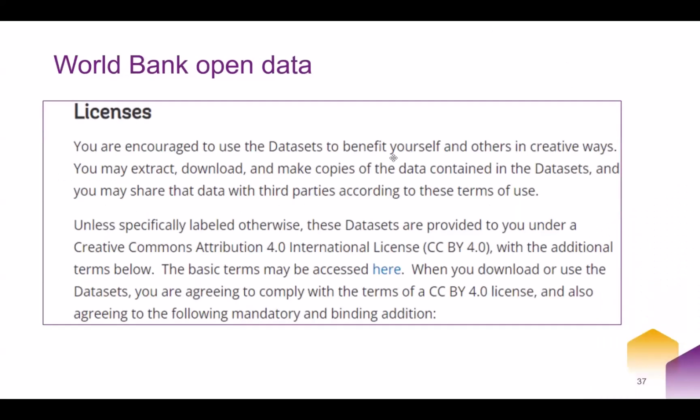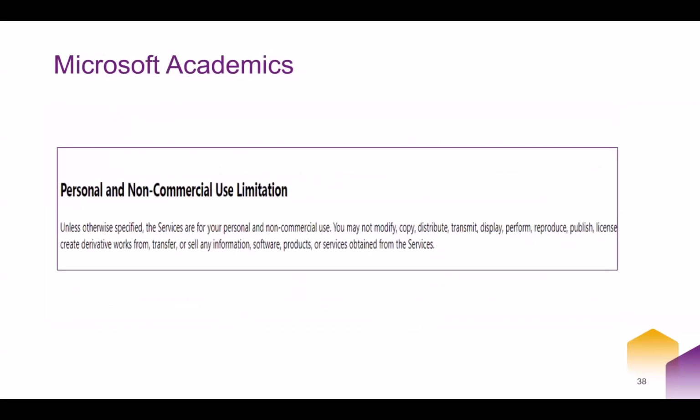For example, this is a screenshot from the World Bank. Here you can see that it is mentioned that there is no restriction on sharing the data with third parties. So the data obtained from the World Bank is okay to share with any repository.